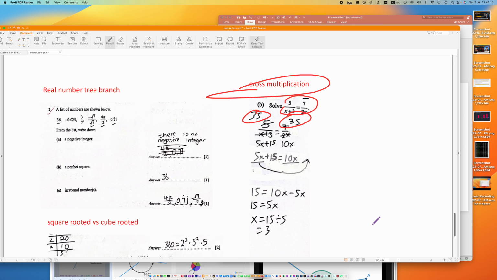By the way, this is how many pages? 3 pages only. I only ask you to remember these 3 pages of your mistakes, and until today you have not remembered, and you still make them. What's the answer, X, after cross multiplying?